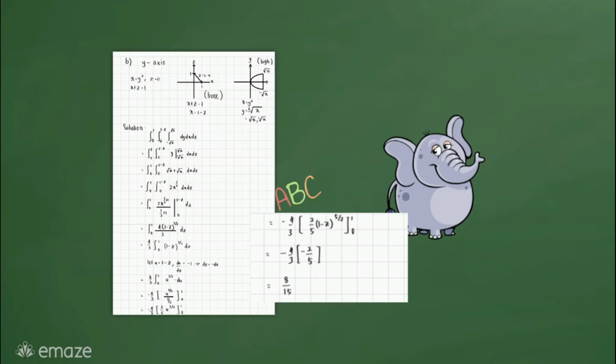So du over dz equals negative 1. Then we substitute into u with the range of dz. Then we got the answer 8 over 15. So the answer is the same as with the x-axis.